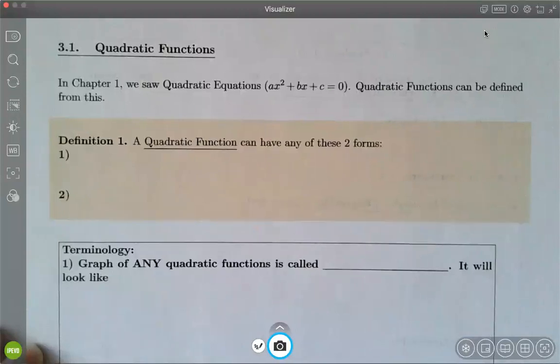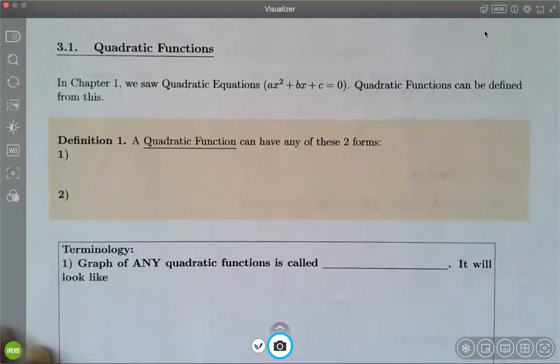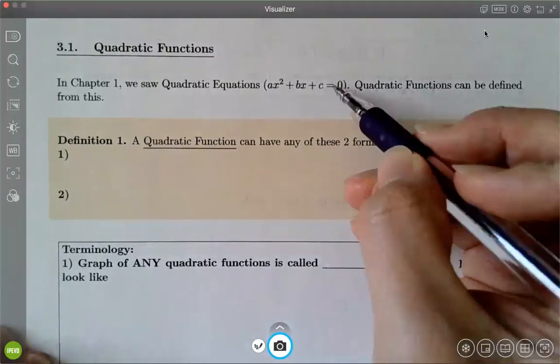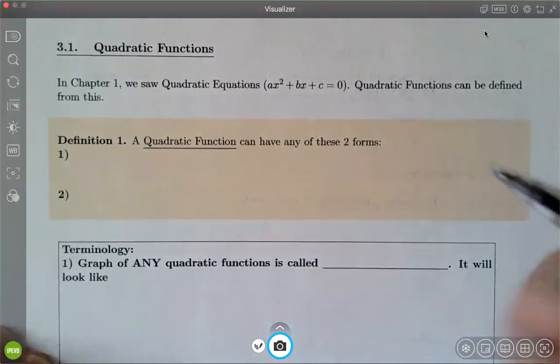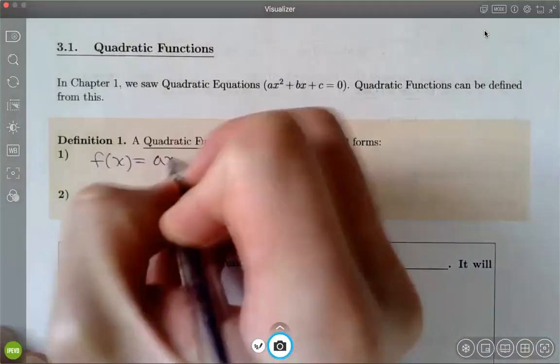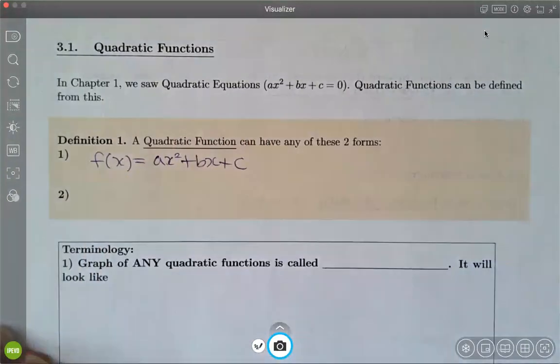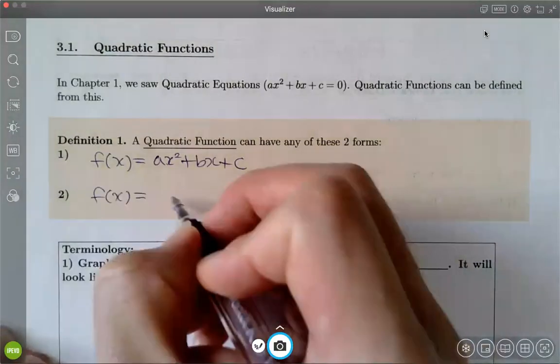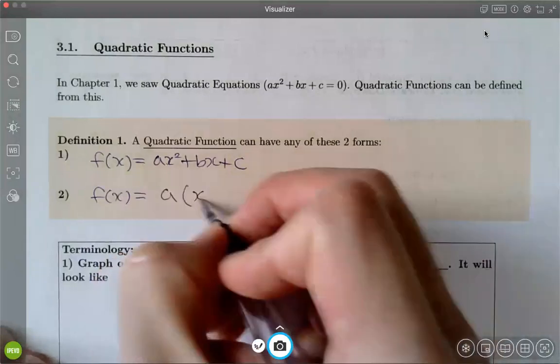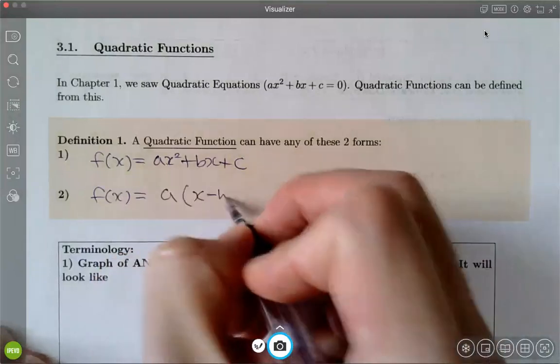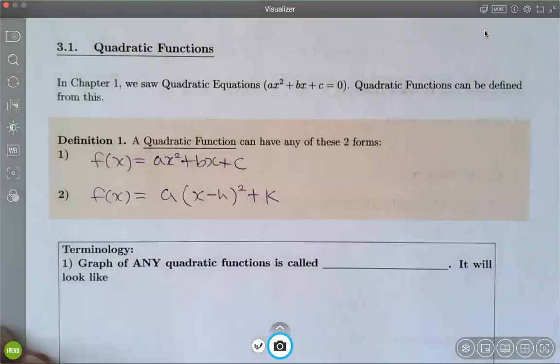Now, a quadratic function can have one of these two forms. Number one, instead of putting equals 0, just put f of x in front. Okay, and now alternately, you can also have something like this.